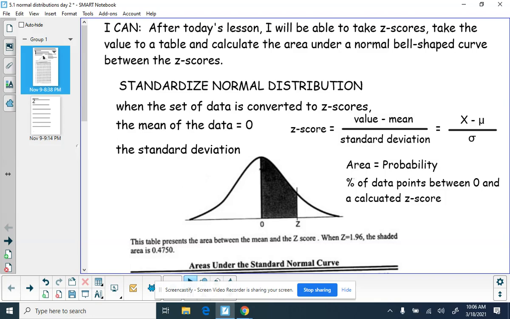When we say we standardize a set of data values, that means we've changed them all to z-scores. And how we calculate those z-scores is value minus mean divided by standard deviation, which is x minus mu divided by sigma.